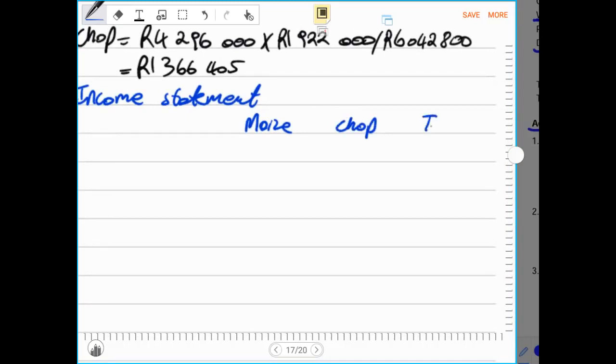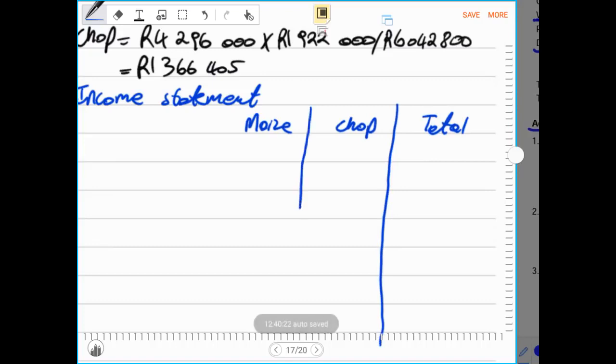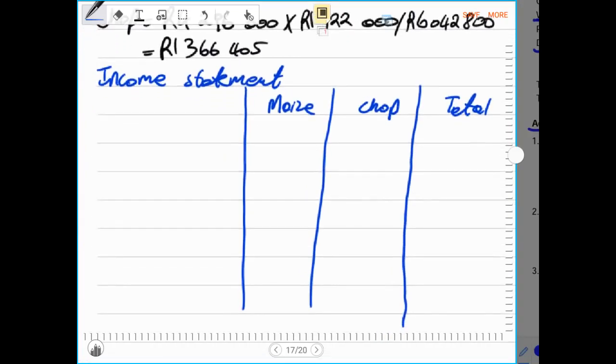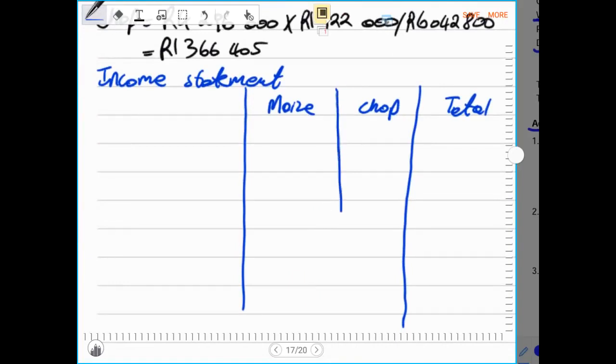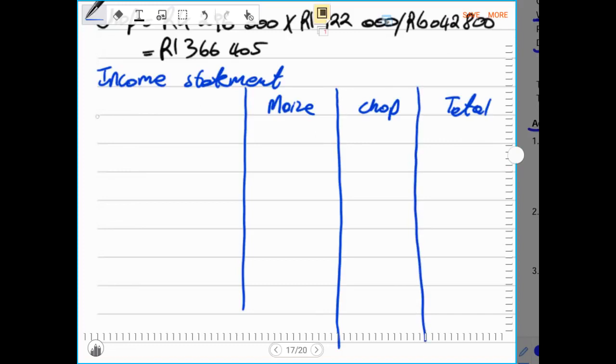Remember, they said we must also provide the column for the totals. So I must try to limit my space as much as I can. So now these are the two products that we have and the total column.